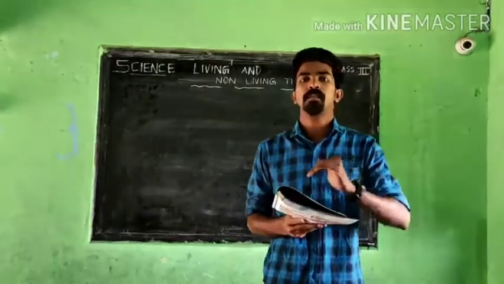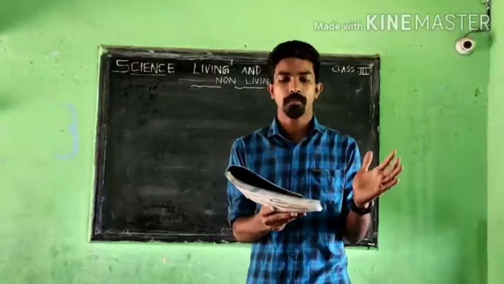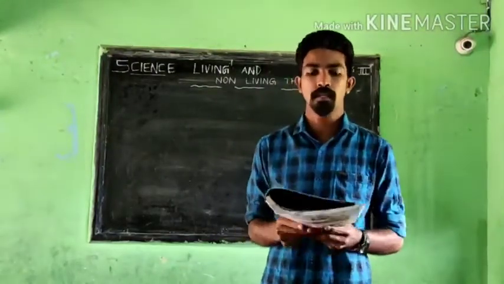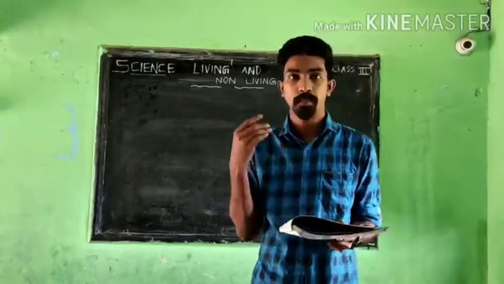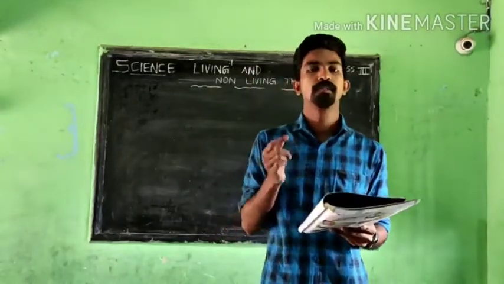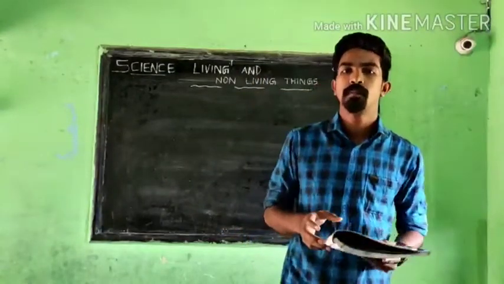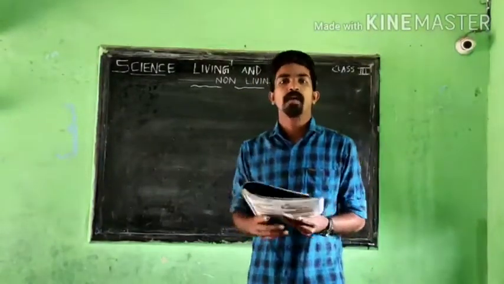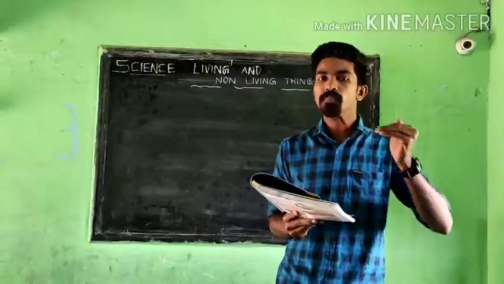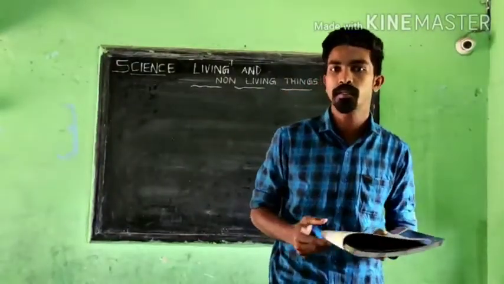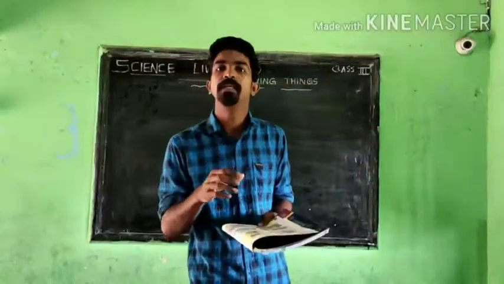Now the puppy cannot occupy the space of the small basket she had given. Now it has grown a little bigger. So she thinks, my puppy has grown big, now it won't fit in this small basket, so she changed the basket itself. Now we can understand one thing: a living thing grows in size.